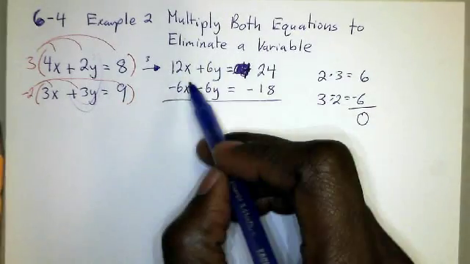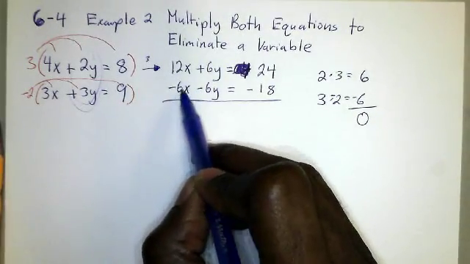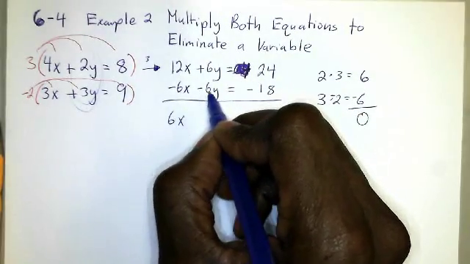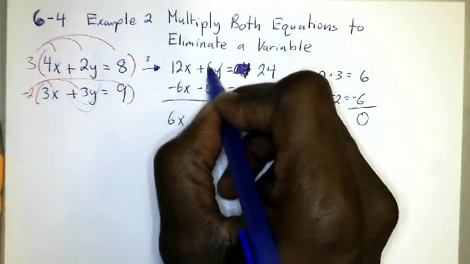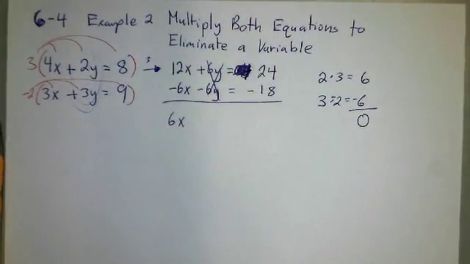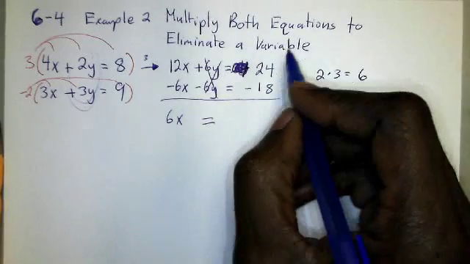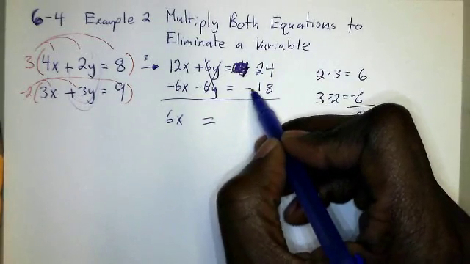So top to bottom, 12 minus 6 is going to give us 6x. Now 6 minus 6 is going to say 0, or we can just cross it out. Now we eliminated the y, and this is going to equal 24 minus 18.